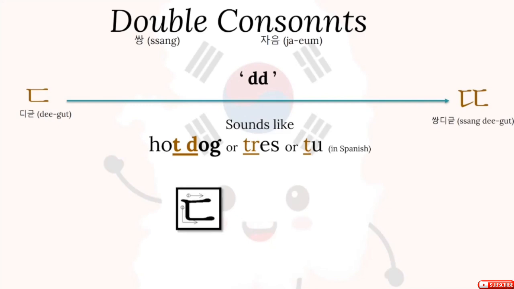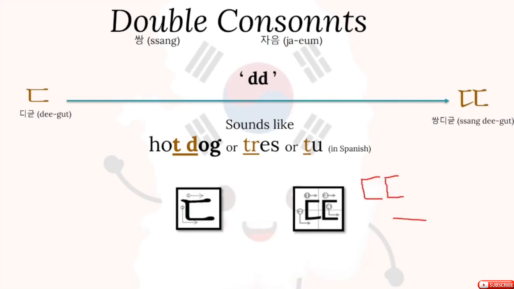And the correct order of strokes. This is the single consonant. Now the double consonant. Let me try. 1, 2, 3, 4. One more time. 1, oops. 2, 3, 4.